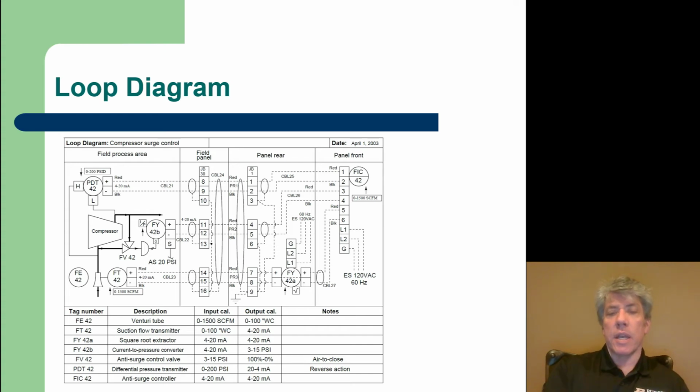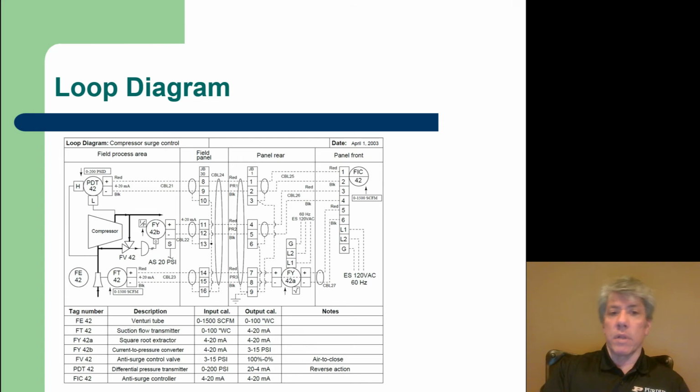And of course this is indicated by the arrow to the left of the box, the 0 to 200 psid up by the PDT42, indicating this is a reverse action. So an increase in input decreases the output. There's even a note in the next to last row in the table that this is reverse acting. So as the pressure difference across the compressor goes up, the milliamp signal coming out of this PDT goes down.